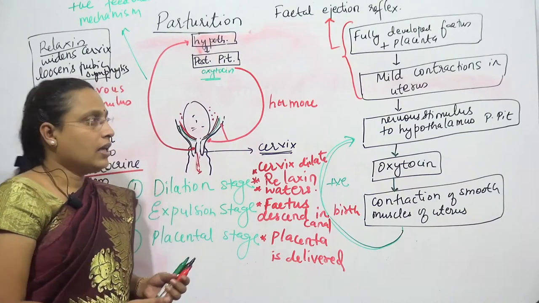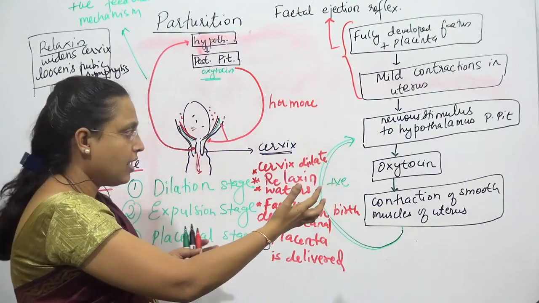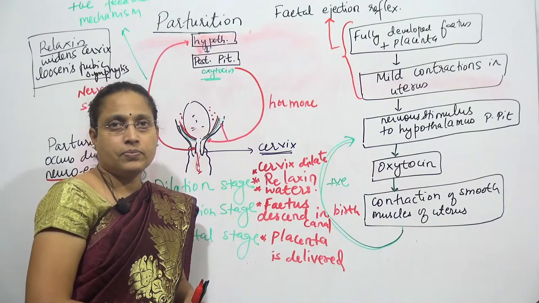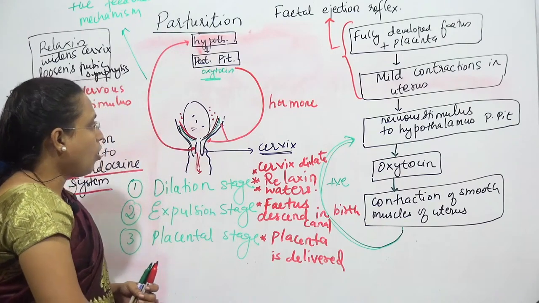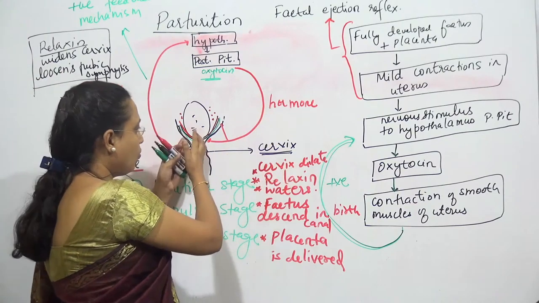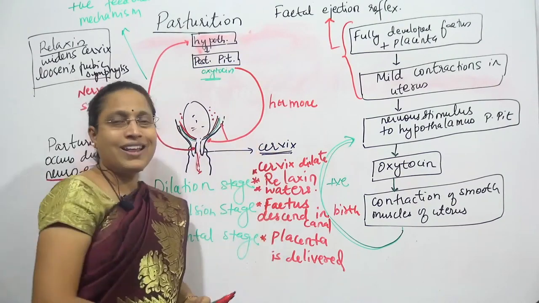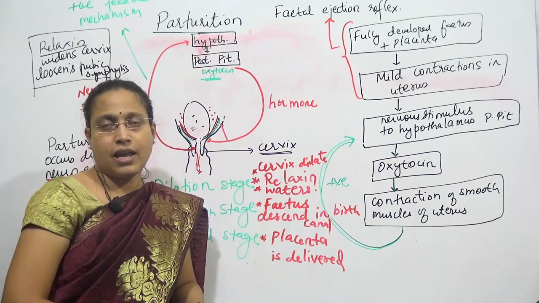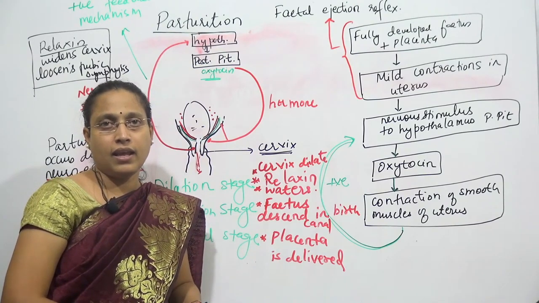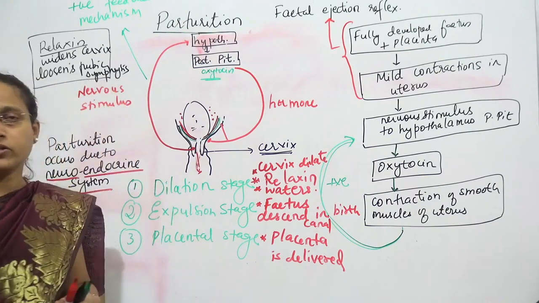This whole flowchart, whatever has been explained about parturition, can also be split into these three stages. Good. So the very essential hormone is oxytocin, to push the fetus, whereas relaxin widens the cervix and loosens the pubic symphysis so that the delivery process can occur easily. So this is about parturition.